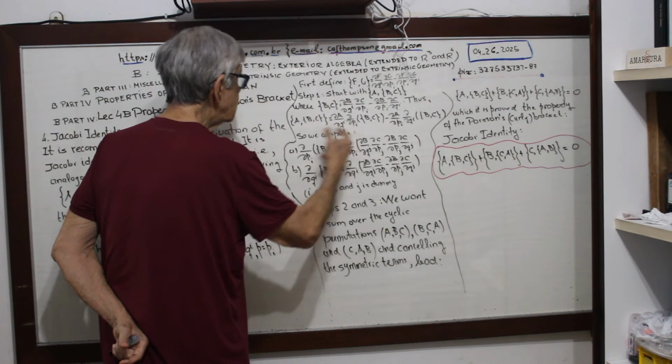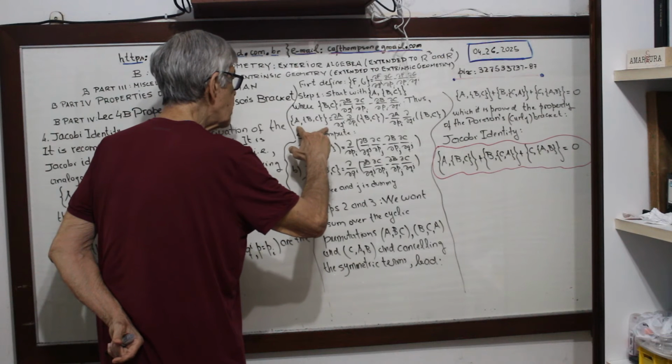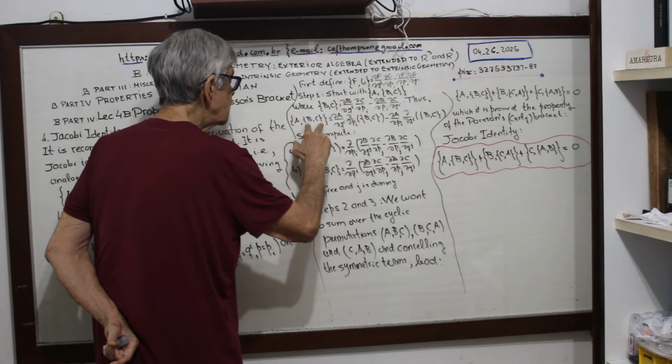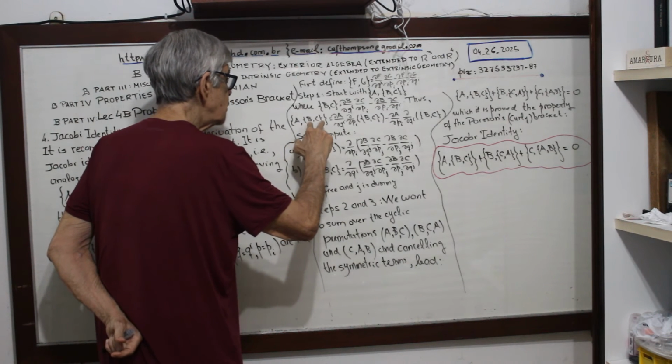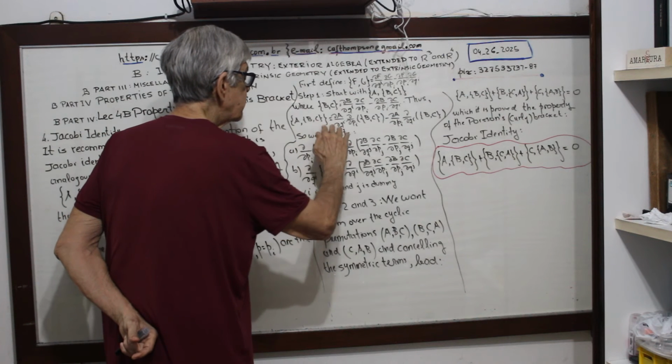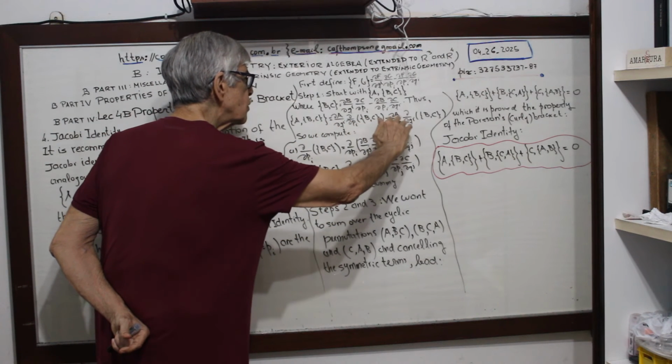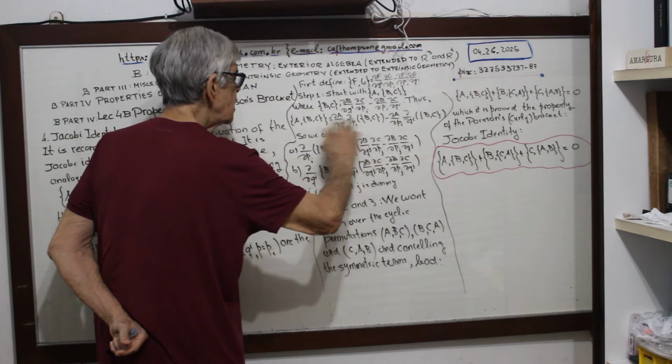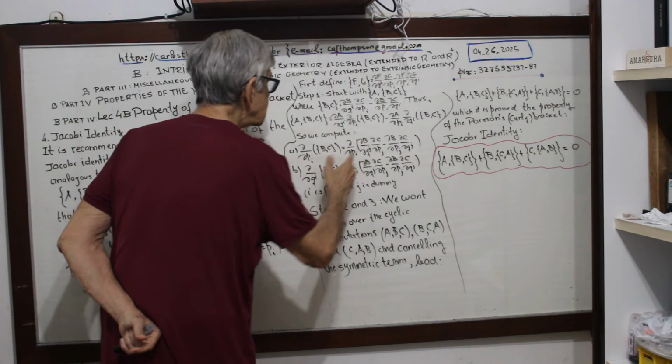Then, again, you see the Poisson bracket between A and this internal bracket. That's quite easy. Just follow the definition and compute.